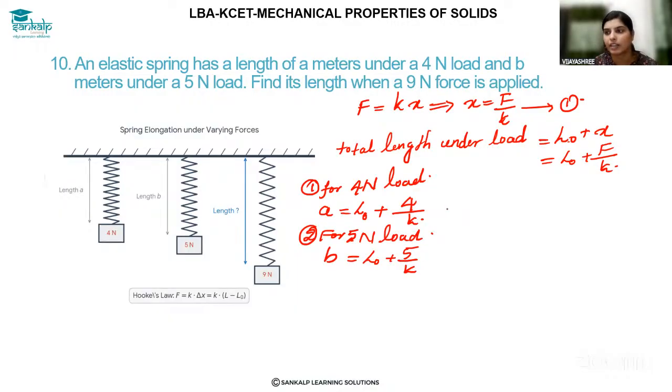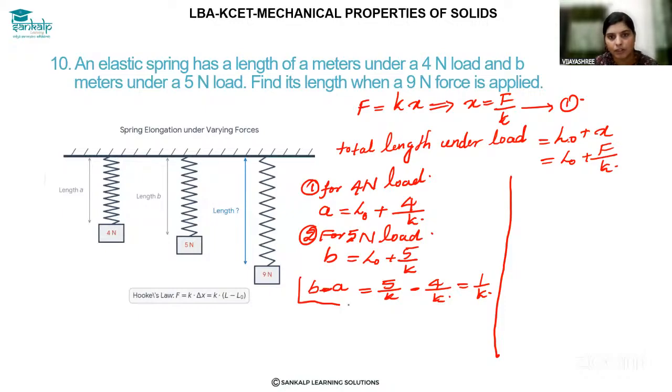Now what should we calculate? Therefore, let us do B minus A, which is equal to, L0 gets cancelled, 5 by K minus 4 by K remains. 5 by K minus 4 by K is equal to 1 by K. So 1 by K means B minus A.